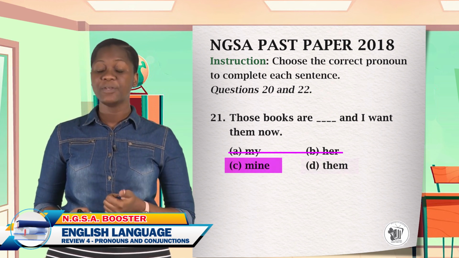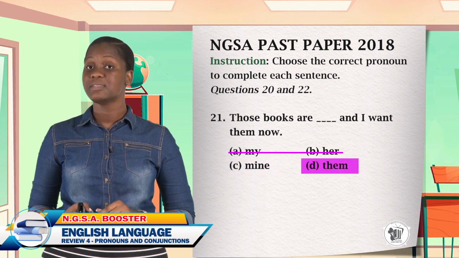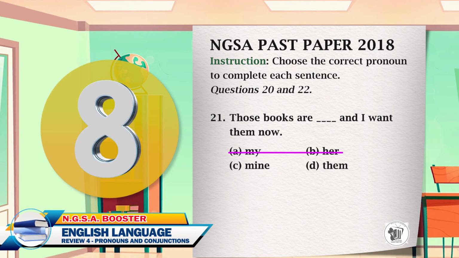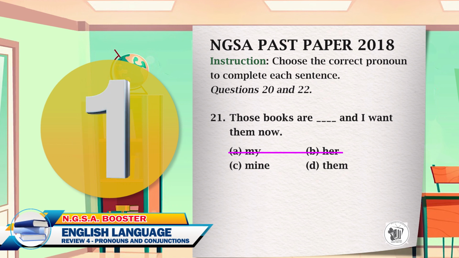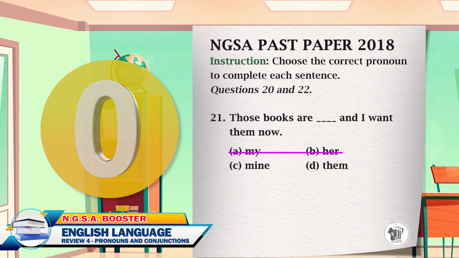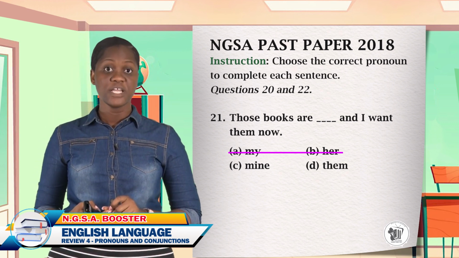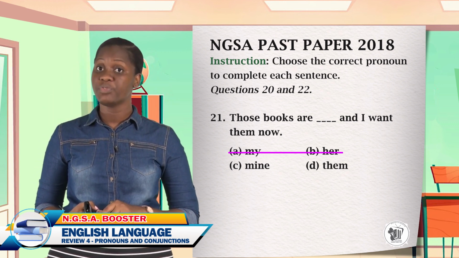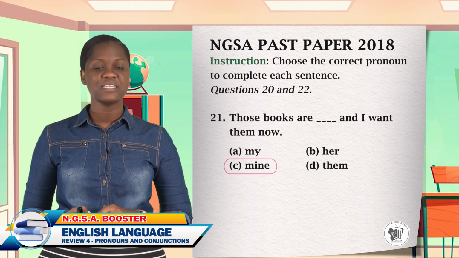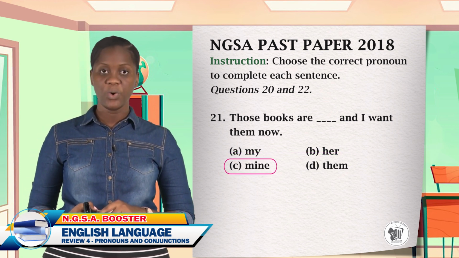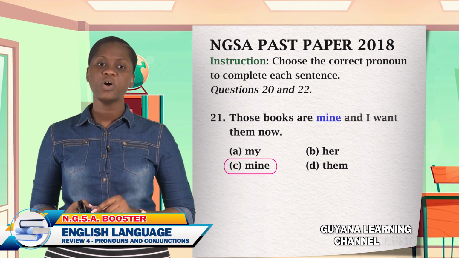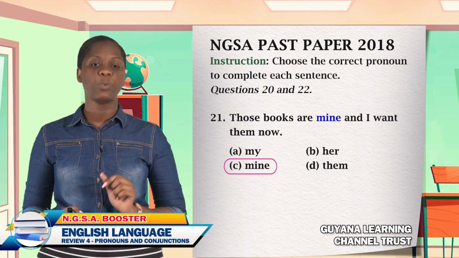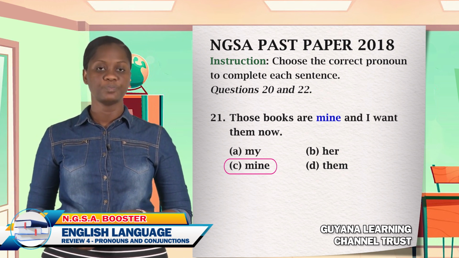C, mine, or D, them. Boys and girls, the possessive pronoun among those options is C, mine. So, the answer would be, those books are mine and I want them now.